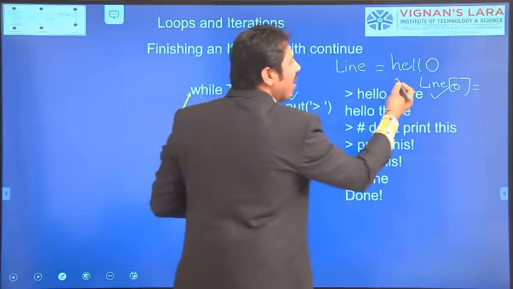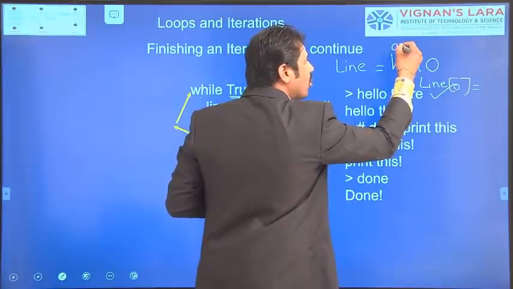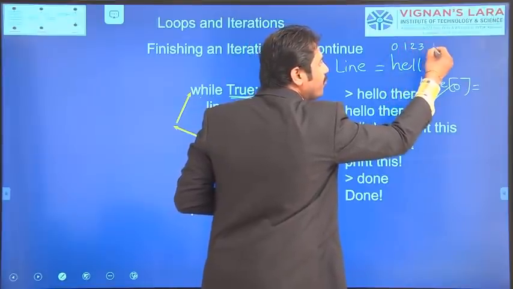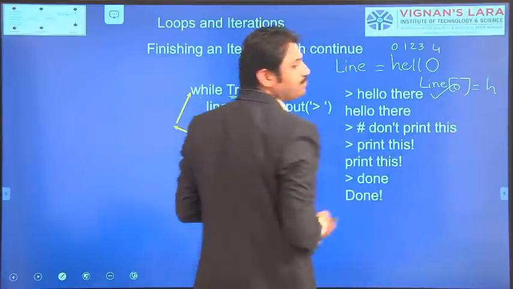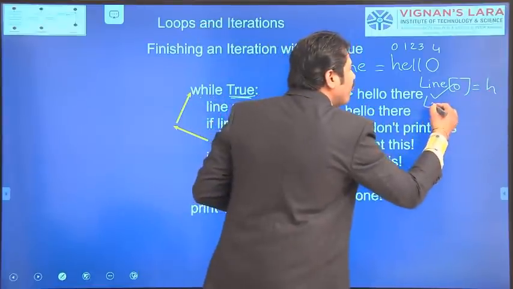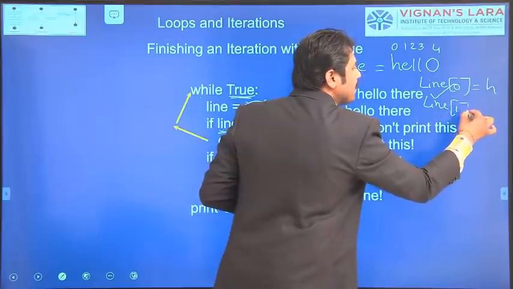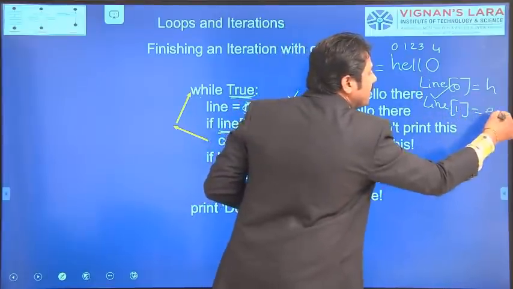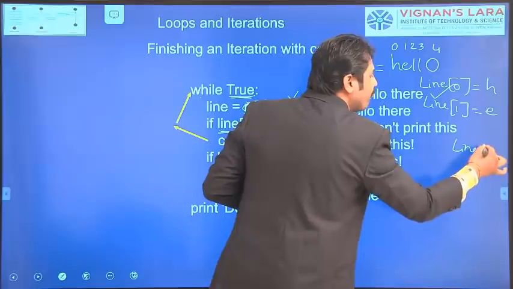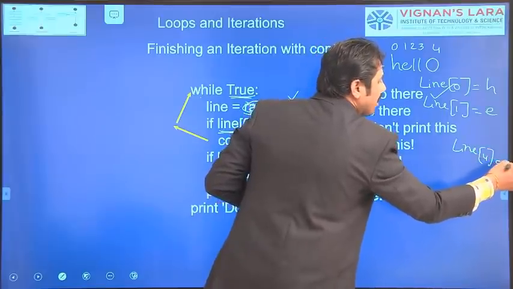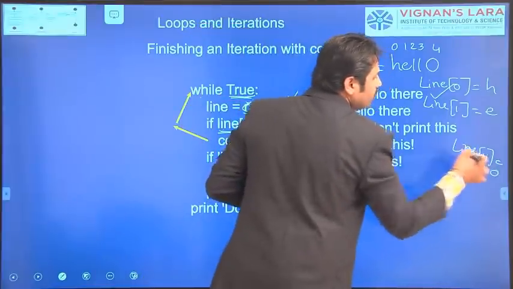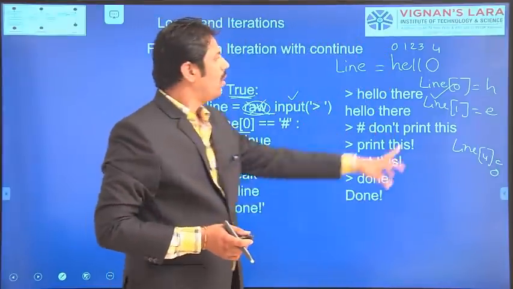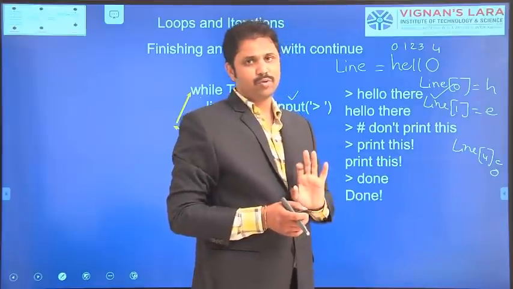For example, I write 0, 1, 2, 3, 4. Line of 0 is H. Line of 1 is E. Line of 4 is O. Like this you have to choose.